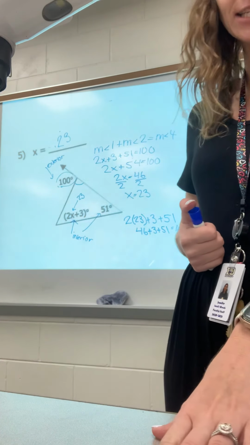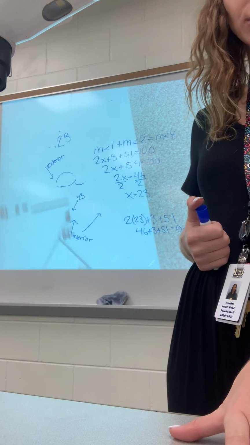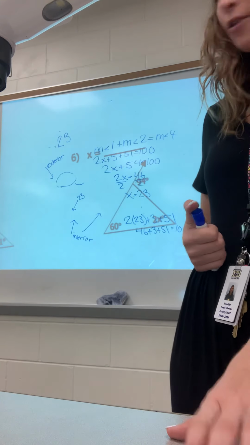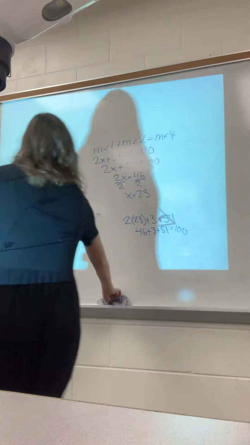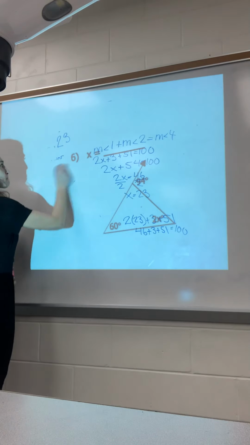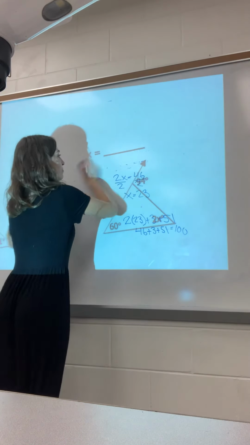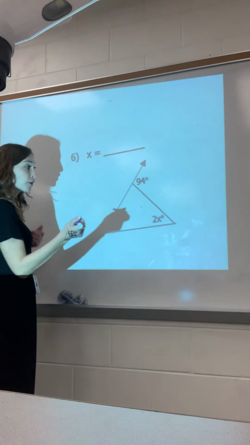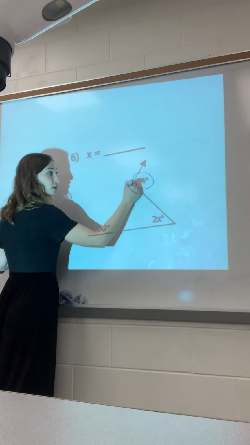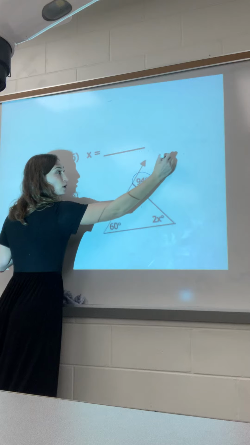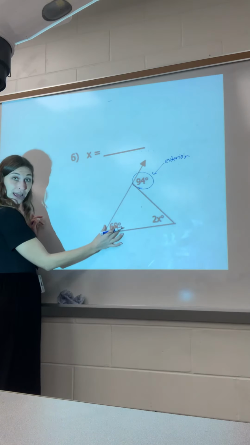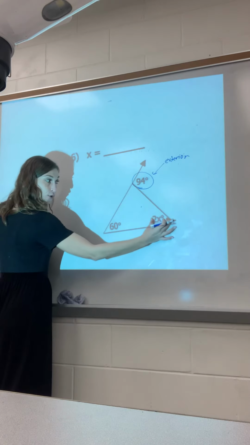All right, and let's do one last one. Let's do problem number 6, just to make sure we got it down. All right. So in this case, once again, they're giving me my exterior angle. They're saying my exterior is 94. And my interior angles here are 60 and 2x.